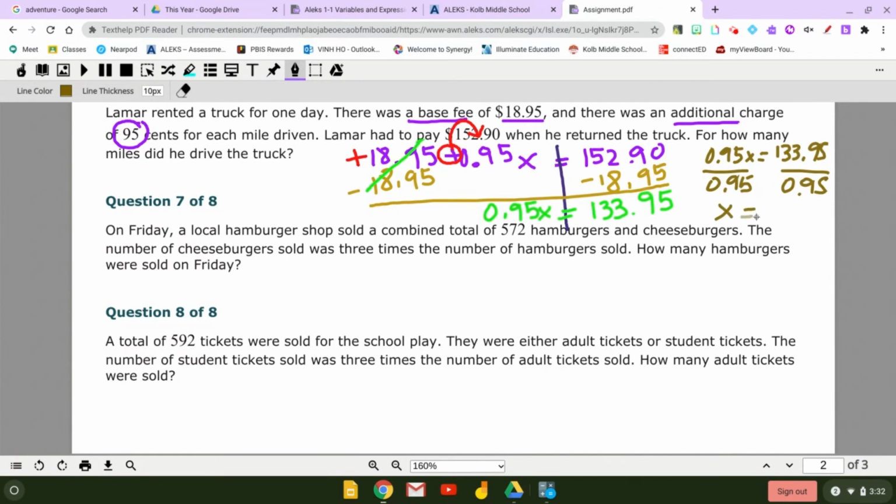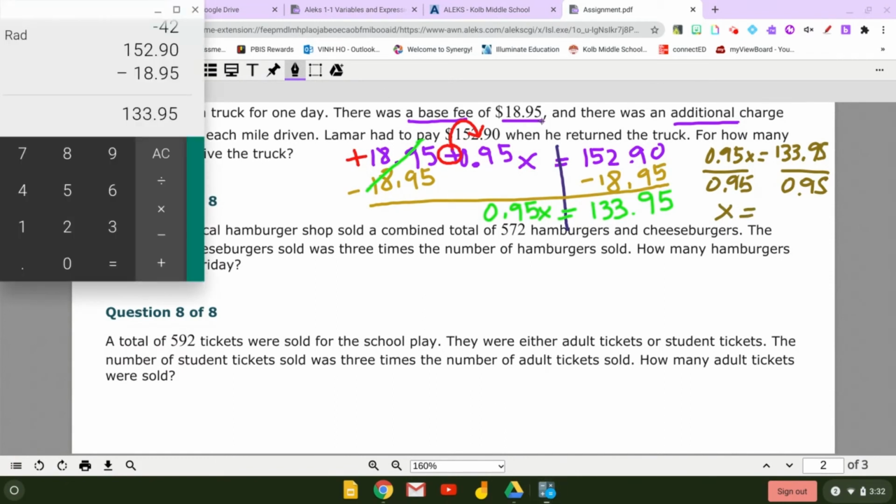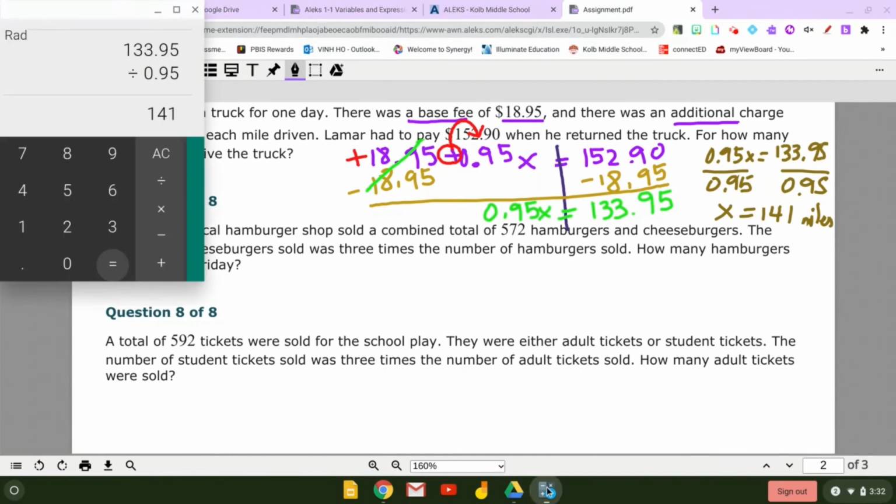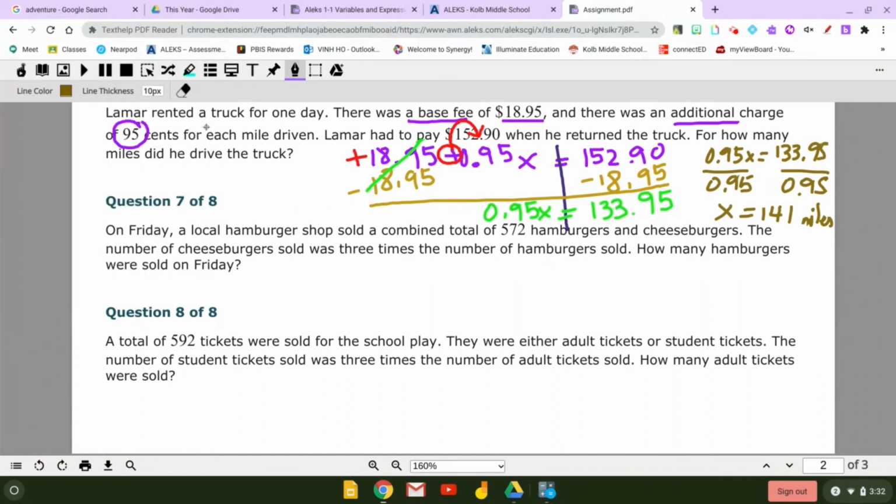So x equals 133.95 divided by 0.95, which equals 141 miles. So he drove 141 miles for wherever he needed to move stuff. Okay. All right, that's it for problem number 6.